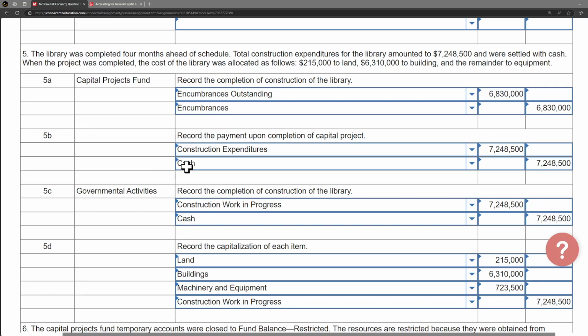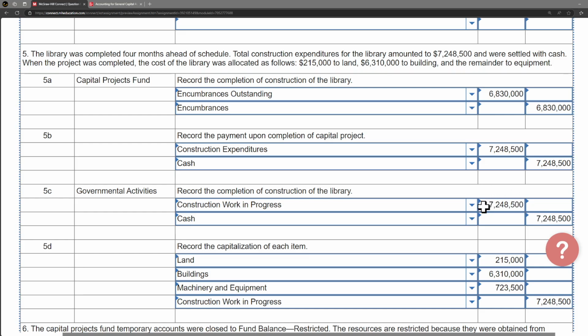Okay, so now this would have been incremental. We don't know if they were doing this every month or every quarter, but every time that they were paying off some vouchers or paying off some expenditures, they would put it into construction work in progress. So we paid the cash, and here we're just showing the total cash as construction work in progress.